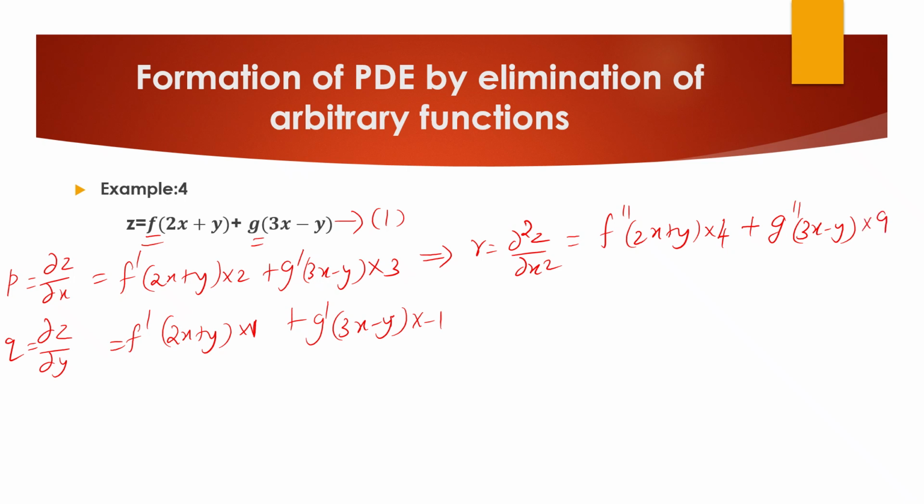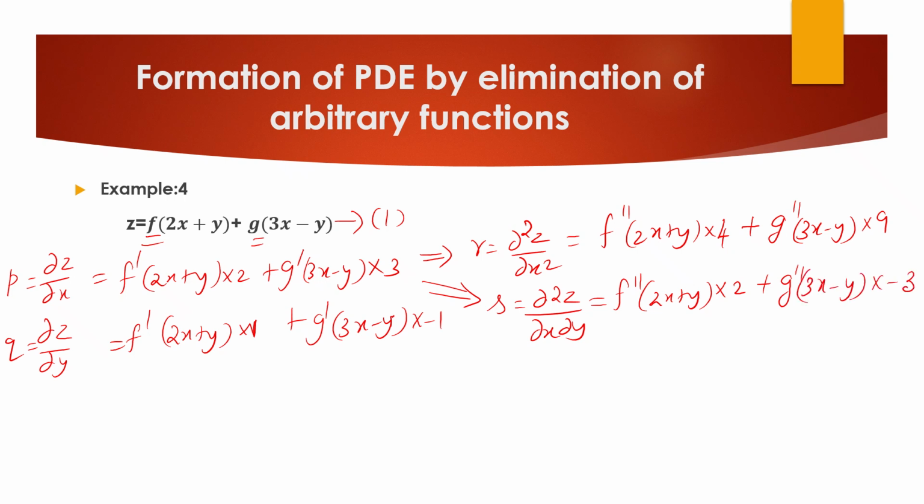Now we are going to differentiate the same with respect to y, which gives s, that is dou square z by dou x dou y, which is equal to f double dash of 2x plus y into 2 plus g double dash of 3x minus y into minus 3.